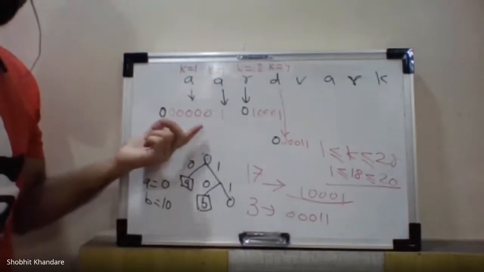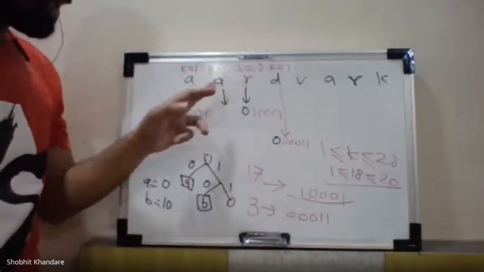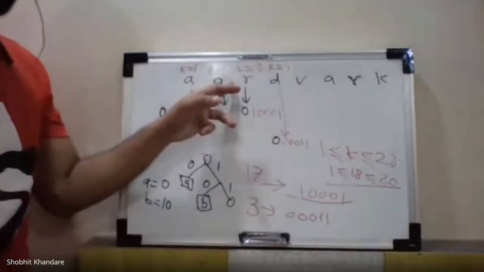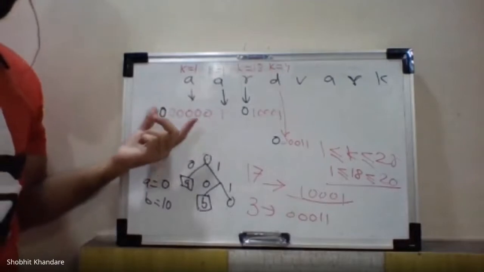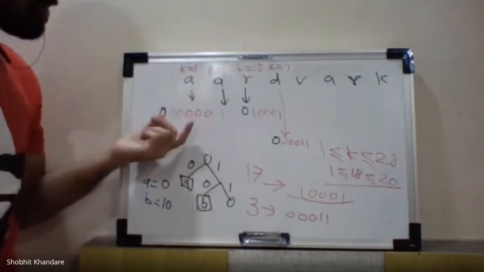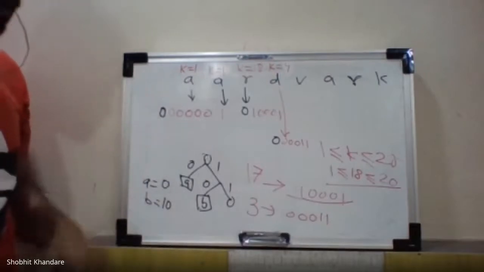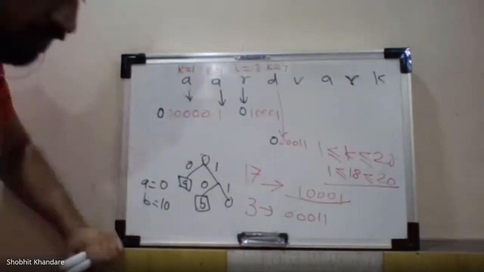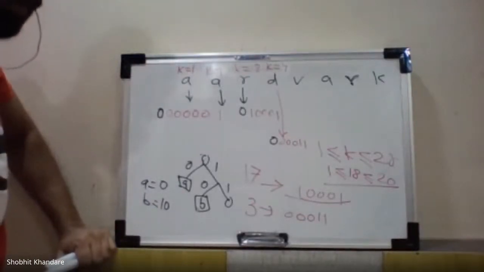Whatever message I'm having, taking each and every symbol, I need to get the respective encoded bits, and to get the encoded bits I have to refer to the updated tree. So we have started; I have given you the encoding steps.